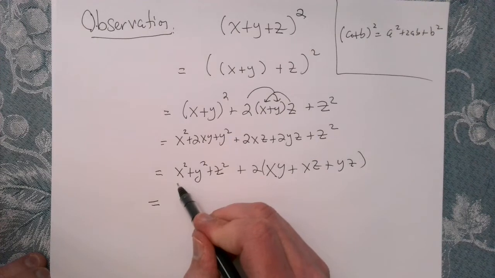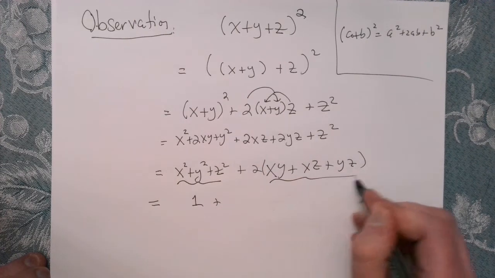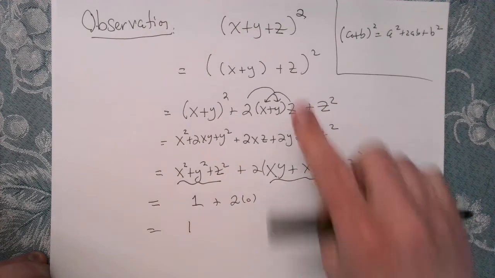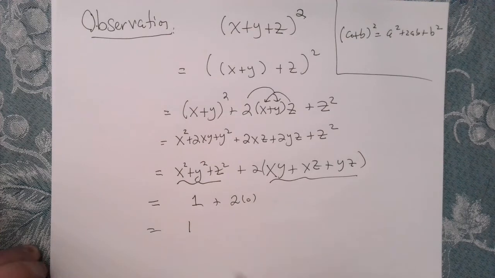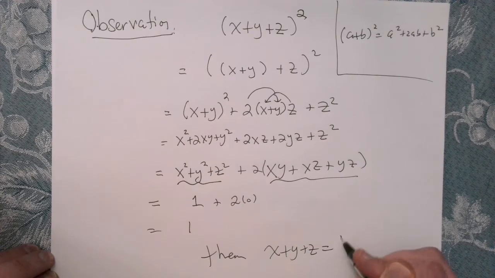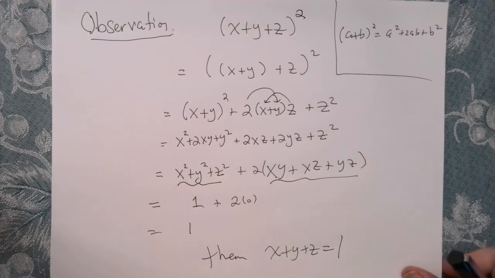Okay, but we know what this is from before, that's 1. And we know that this is exactly 0. And so if this squared is 1, then x plus y plus z must be 1. Essentially, that solves the problem, so all we have to do is go back and substitute.